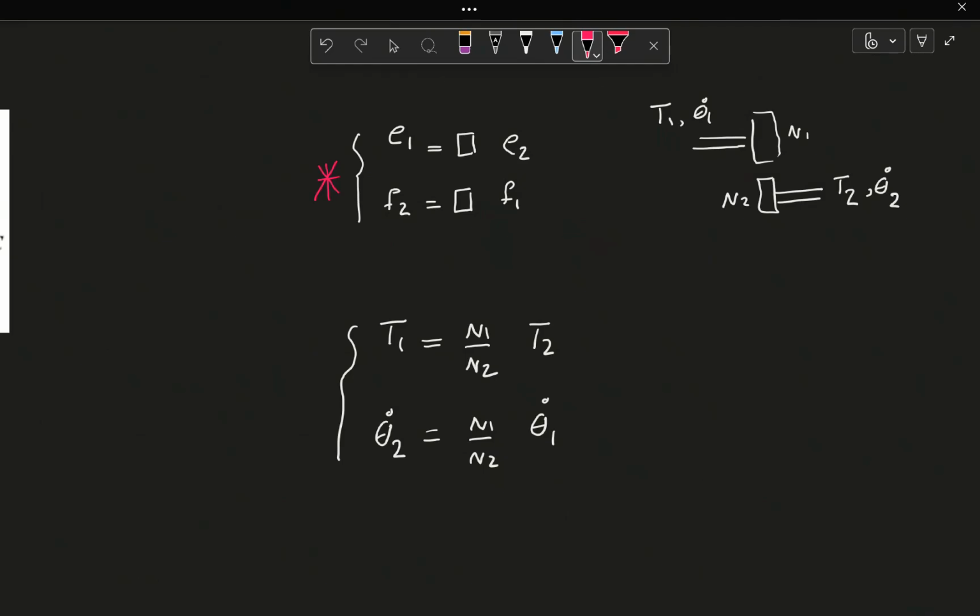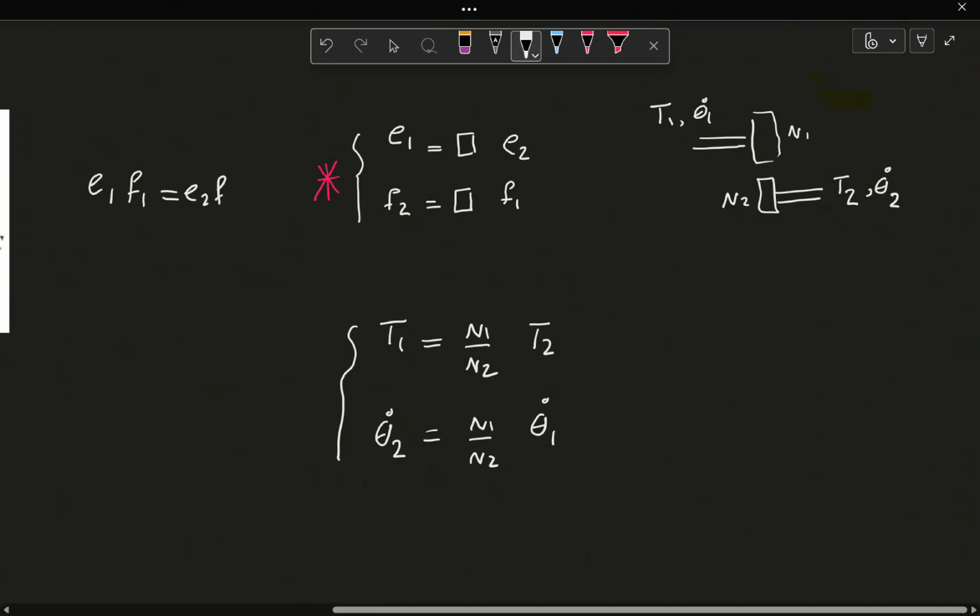With that in mind, the power was effort multiplied by flow. So if you consider the power on the first side as E1 multiplied by F1, which is effort 1 and flow 1, it's going to be equal to effort 2 and flow 2. So in gear chains we had T1 theta 1 dot equals T2 theta 2 dot.